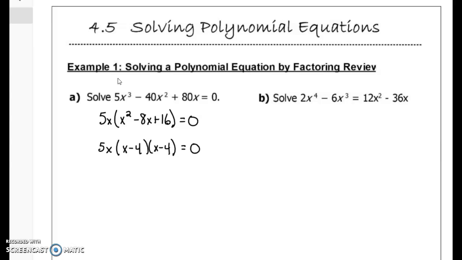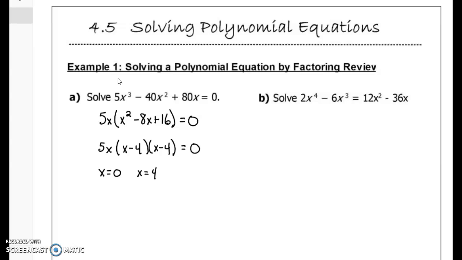So what that means is my solutions are x equals 0, because 5x equal to 0, divide by 5, you get 0, and x equals 4, because when you set x minus 4 equal to 0, you get 4, and then the other parentheses, x minus 4, also gets 4. So this one has two solutions, which means it has two x-intercepts.